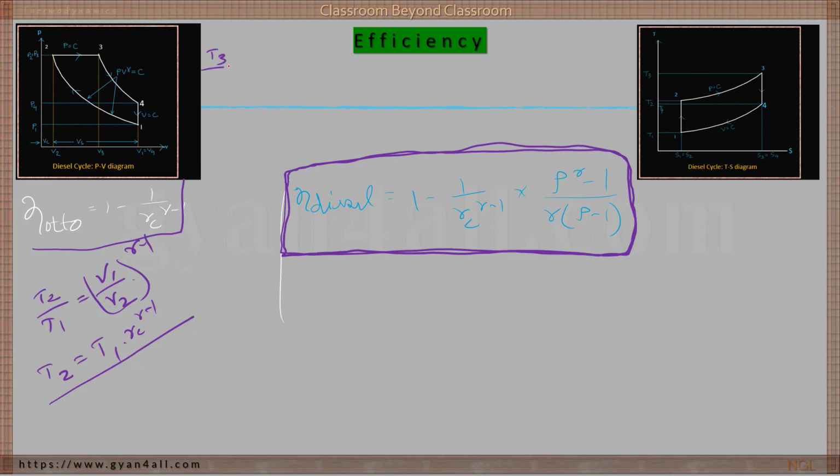T3 by T4 equal to V4 by V3 all to the power gamma minus 1. Now V4 by V3 is RE to the power gamma minus 1. So we can write T3 is equal to T4 RE to the power gamma minus 1.